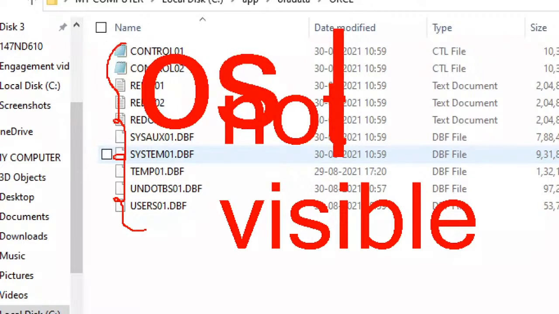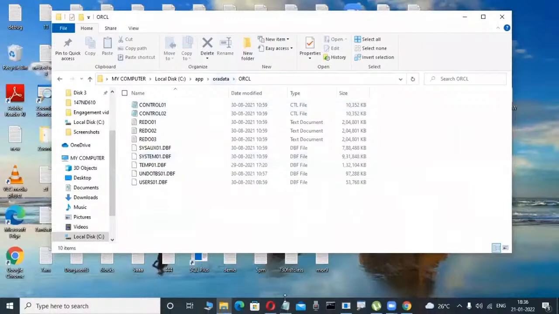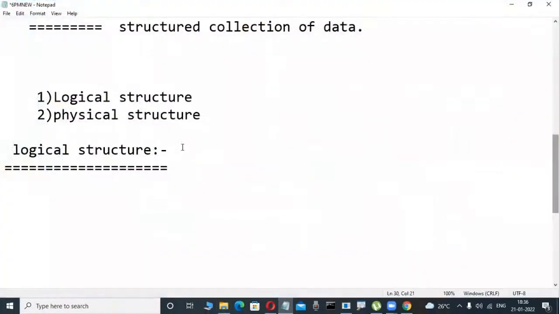Very, very important. Tables are not visible in the C drive, D drive like that. Views are not visible in the C drive, D drive, E drive like this. Indexes, functions, procedures are not visible. That is visible in a database, okay, I agree, but unfortunately that is not visible in the operating system. That's why, what is a logical structure?